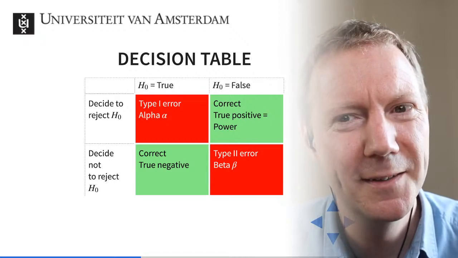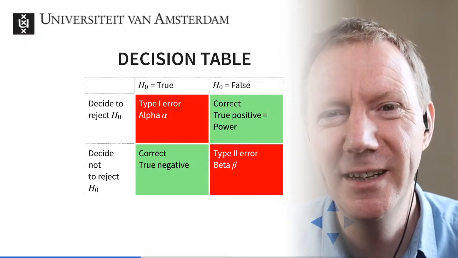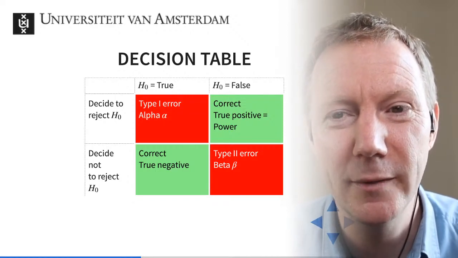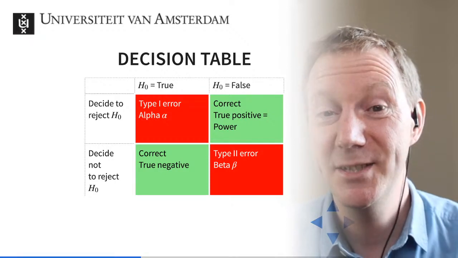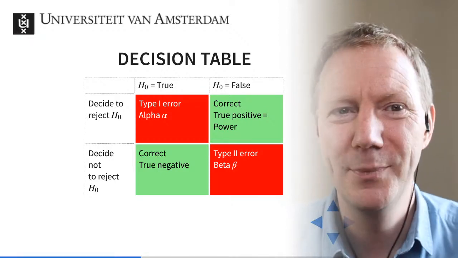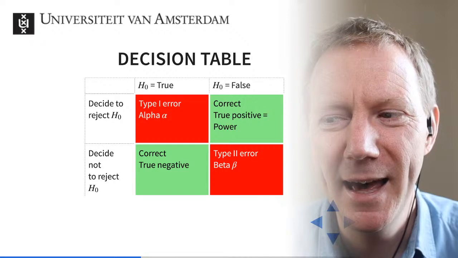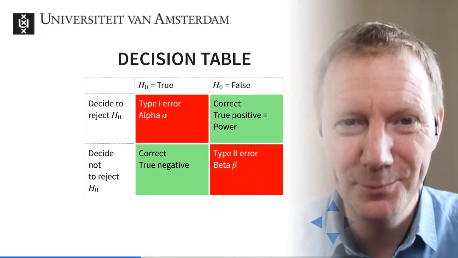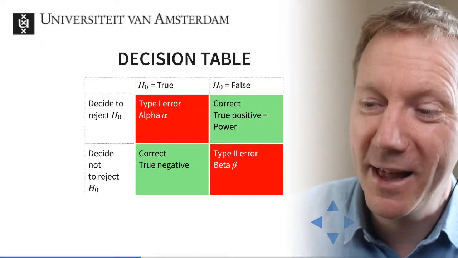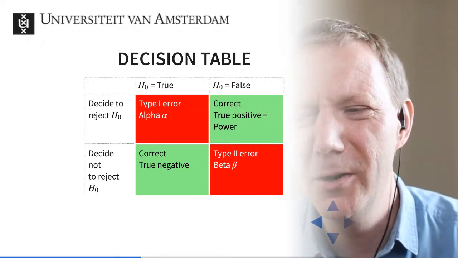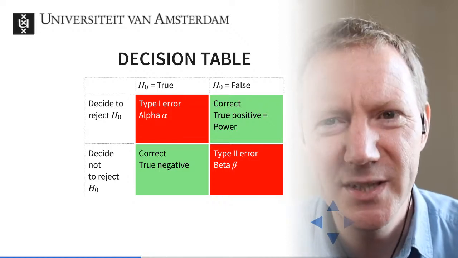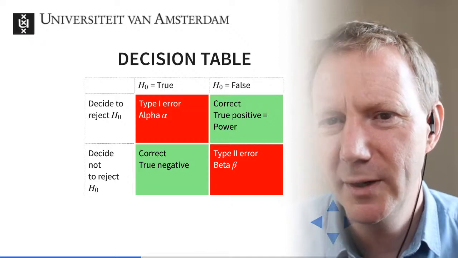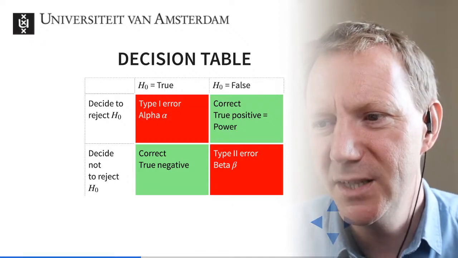That's a type 1 error, right? Because it's certainly not true. But the doctor decides to reject the null hypothesis and says, well, you're pregnant. That's a mistake. And in the other situation, if my wife, if she were pregnant with a big belly, would go to the doctor and the doctor would say, no, you're not pregnant, that would be a mistake too. So you can think about everyday situations where you can apply this decision table.